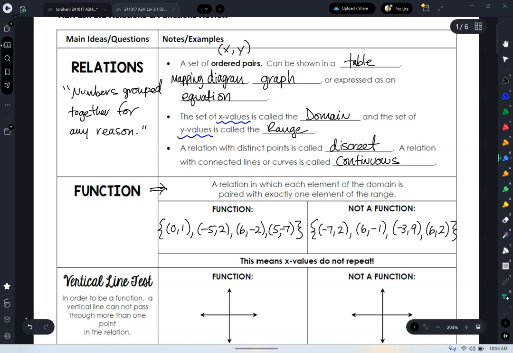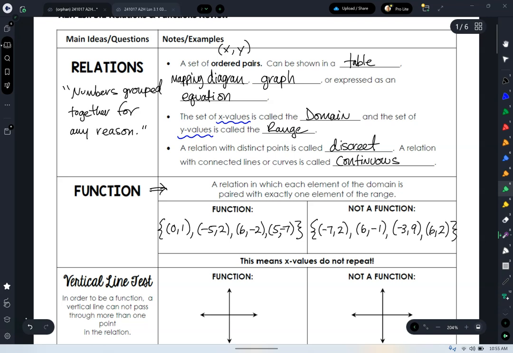Okay, so you'll notice in our first set, every x value, all the elements of the domain, here, here, here, and here, that's the domain of that function, okay? They're all linked to their own unique output. X is input, y is output, and so each one has its own unique output.